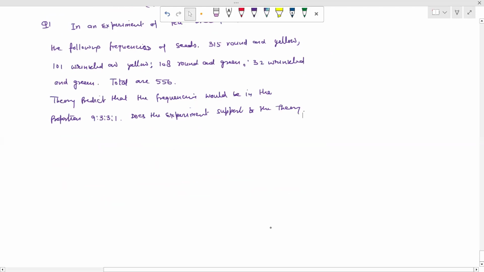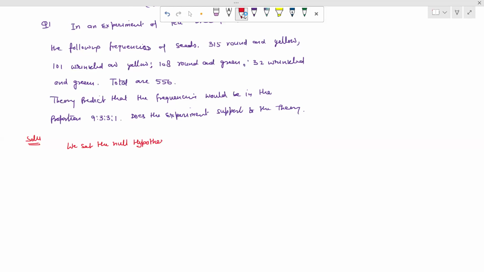Now, we do the solution of this. So first we set the null hypothesis. For setting the null hypothesis we go on the basis of the assumptions. So we write H naught: let Mendel's assumptions be true.